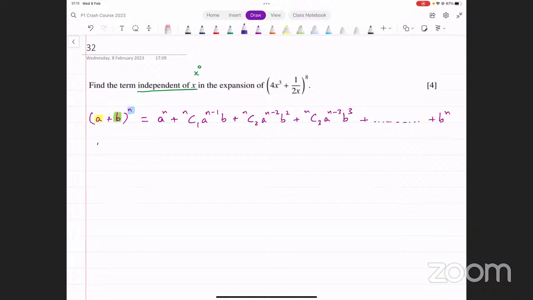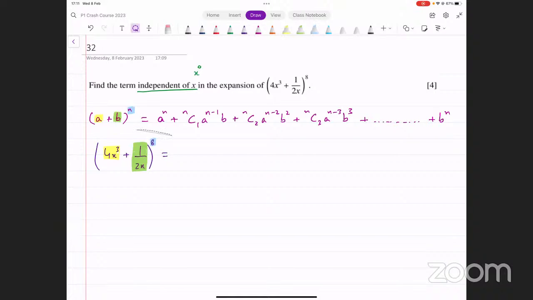Let me write that expression down here. This is 4x cubed plus 1 over 2x whole raised to the power 8. What's the first term? The first term is 4x cubed. So the value of a, therefore, is 4x cubed. The second term is 1 over 2x. That's the value of b. And in place of n, the power, we've got 8.